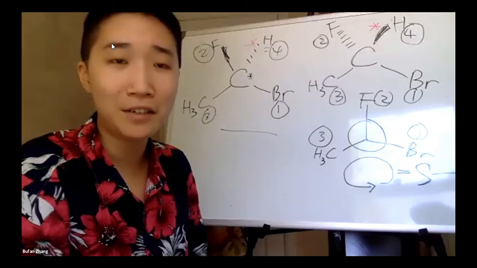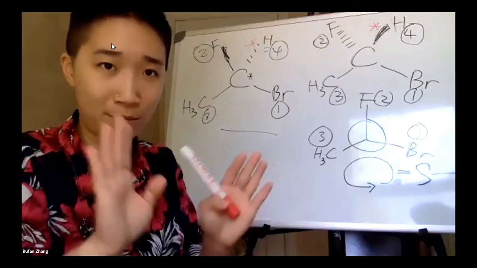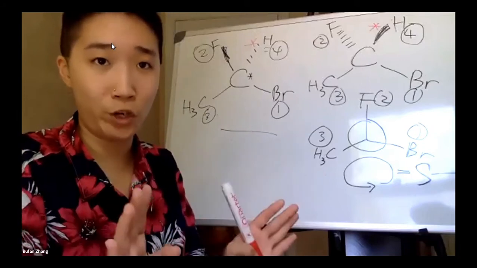No, it's okay. Your answer is correct. I know it's kind of hard to explain, so I'm going to explain it to everybody for you. Is that okay? Yeah. Okay, so let's pay attention to these two bonds.